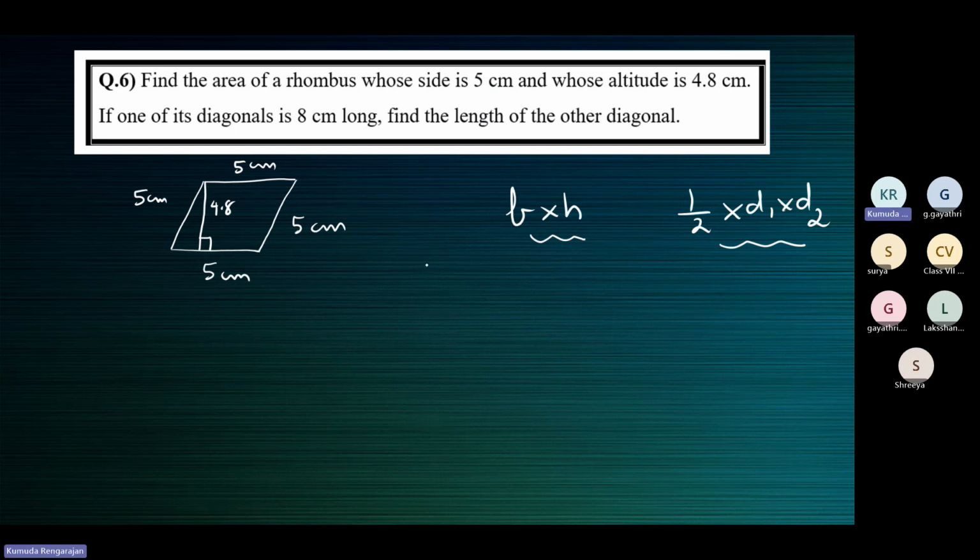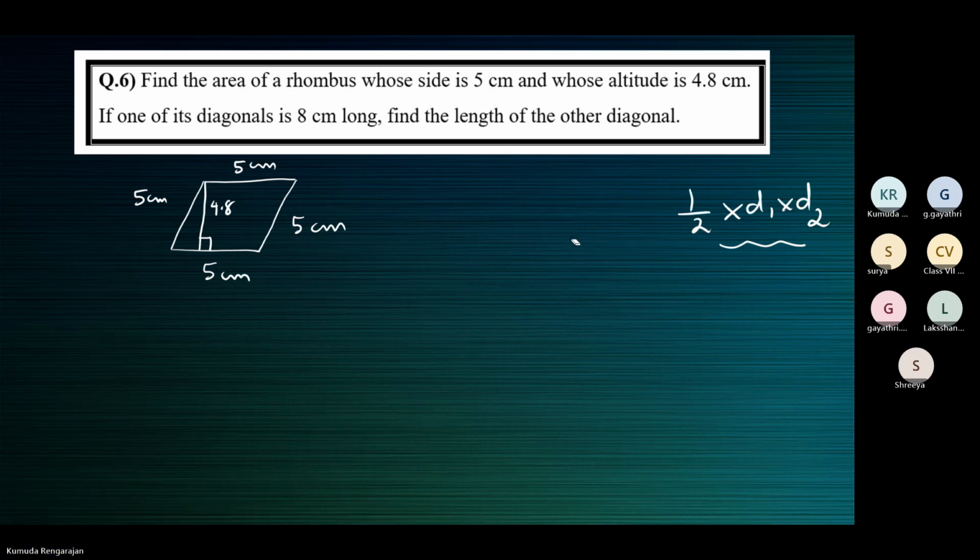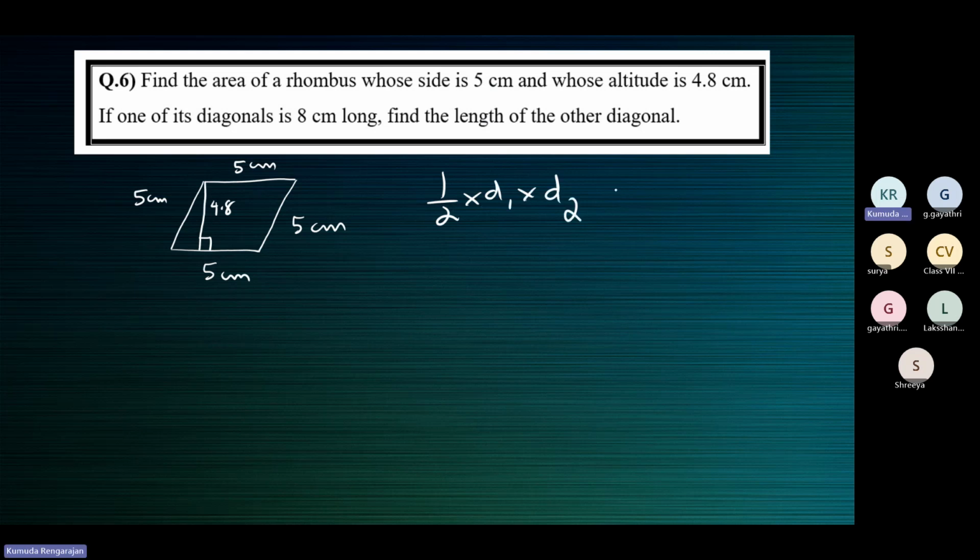Different formula, but it's the same rhombus, so the answer should be the same. So what we're going to do is, half into D1 into D2. The area you get by using this formula is the same as the area you get by using this formula.